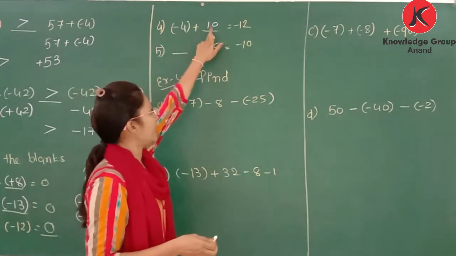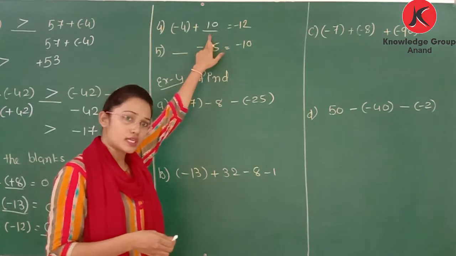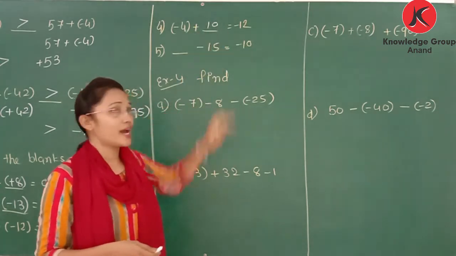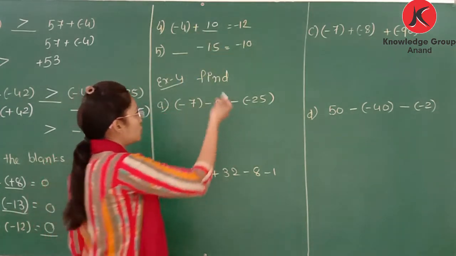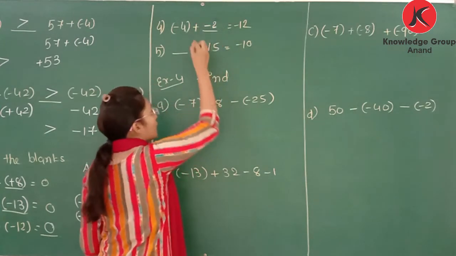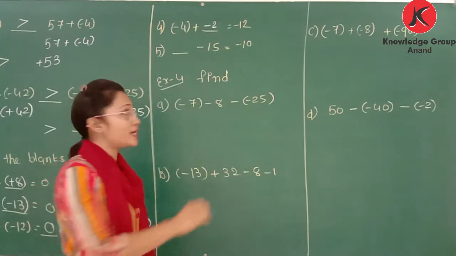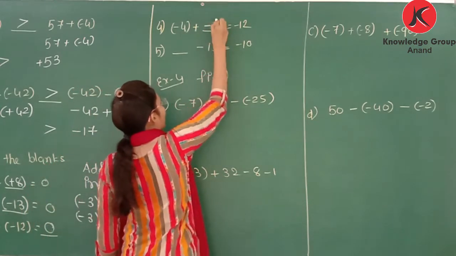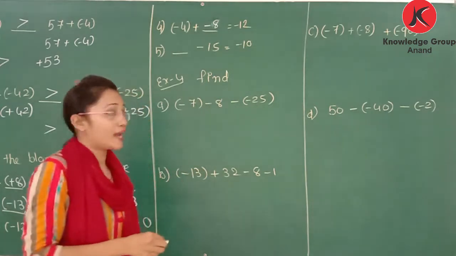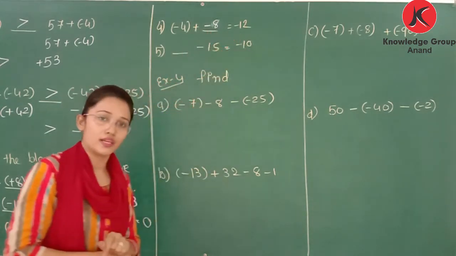Minus 4 plus 10 will give plus 6, and we need the answer in negative. So we need to take a negative number. Let's take minus 2. Minus 4 minus 2 is minus 6. But we need minus 12. So let's add minus 8 here. Now minus 4 minus 8 will give minus 12.